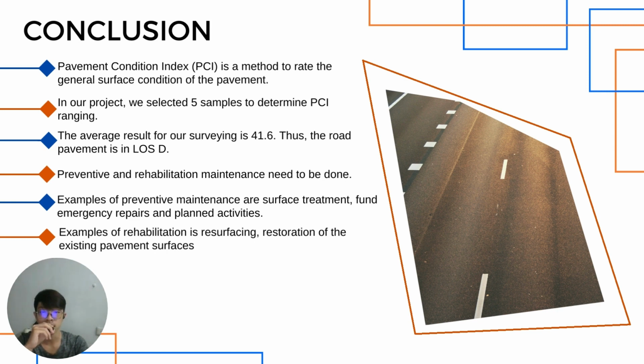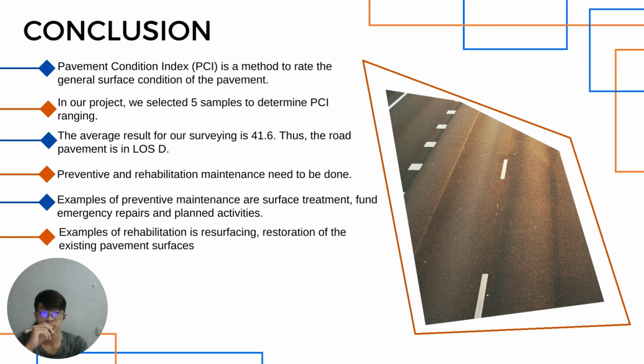Hence, we could see that the result and data analysis of Jalan University 2 Parit Raja to the end of Jalan University 46 Parit Raja can be concluded overall as in poor condition, since 3 samples, which are sample 1, sample 3, and sample 4, have low PCI values, classified in serious, very poor, and fair conditions.